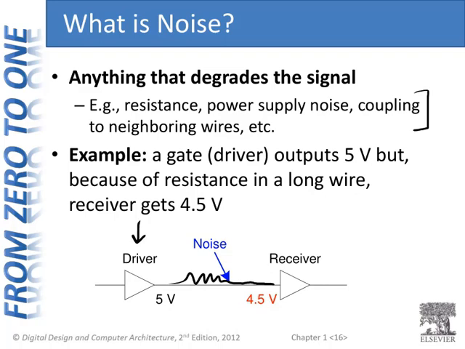Because of resistance in that long wire, it degrades to 4.5 volts by the time it gets to the receiver, the one receiving that signal. So in this case, the driver is a buffer and the receiver is a buffer. Well, what does it do with that 4.5 volts? Does it say, now my system's going to malfunction because it wasn't 5 volts? Well, we can define a range of values so that 4.5 volts is detected as a 1.